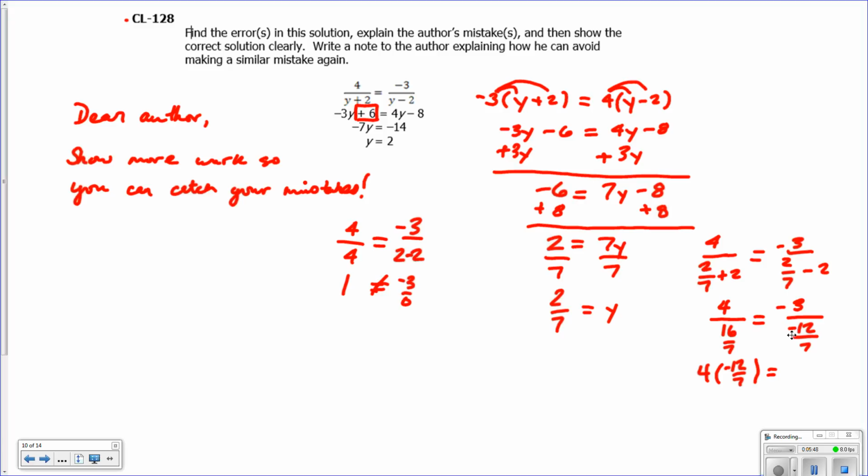In this case, 4 times negative 12/7 should equal negative 3 times 16/7. 4 times negative 12 is negative 48/7. And so is negative 3 times 16/7. That would be negative 48/7. So we know we're correct.